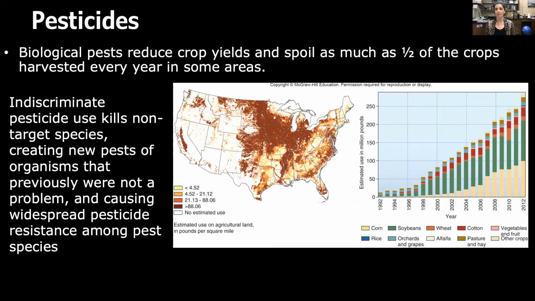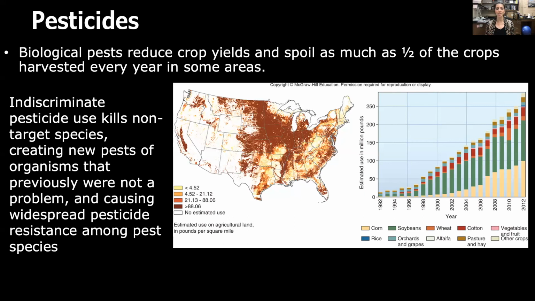The problem with this is that indiscriminate use of those pesticides are actually going to kill non-target species. That's a huge problem because it actually creates pests of organisms that were previously not a problem. And it also causes widespread pesticide resistance among some pest species.